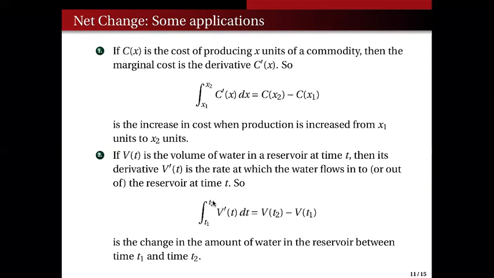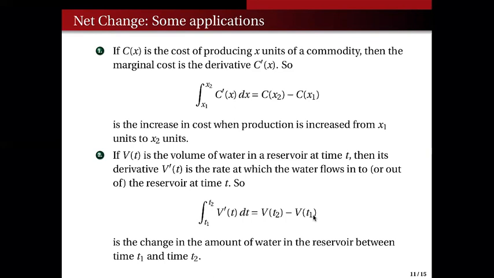Therefore, as before, if we integrate V prime of t dt from t1 up to t2, this will give us V of t2 minus V of t1. The final volume minus the initial volume.